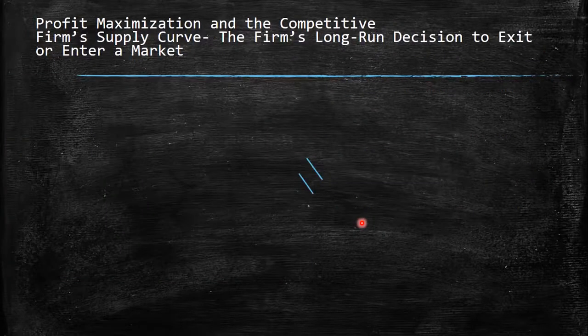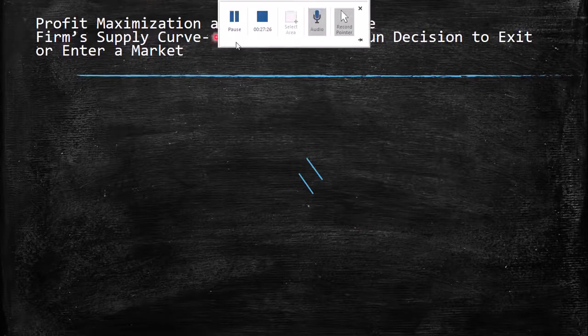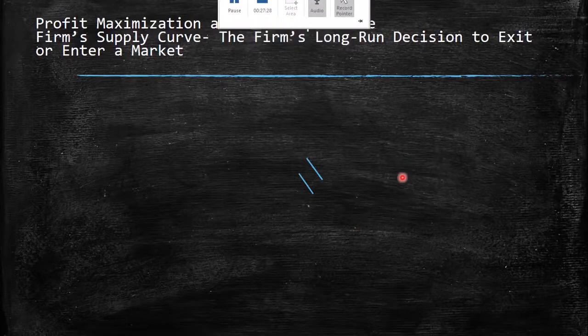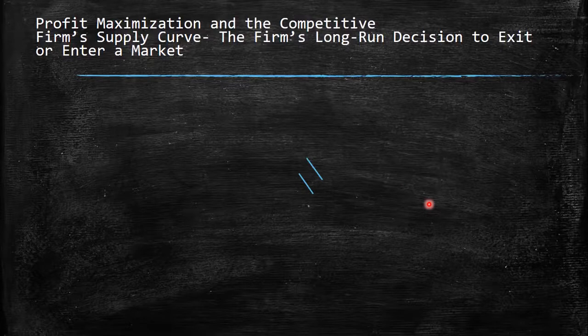Then we're going to talk about the long run decision to exit or enter a market. Remember, in a shutdown, the firm still needs to pay the fixed cost, and exit implies that the firm goes out from the market. And we are talking about the long run. Basically the idea is pretty much the same as the short run.